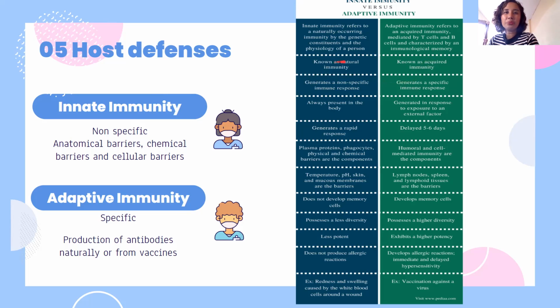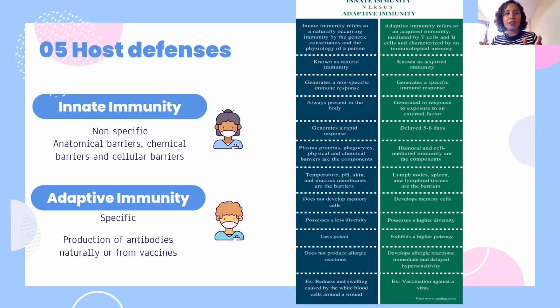So natural immunity siya, it's non-specific. It keeps attacking the pathogen, the foreign body. However, itong adaptive, it's very specific. So if you have produced antibodies for the COVID-19 virus, those antibodies will only be for the COVID-19 virus. It's highly specific.